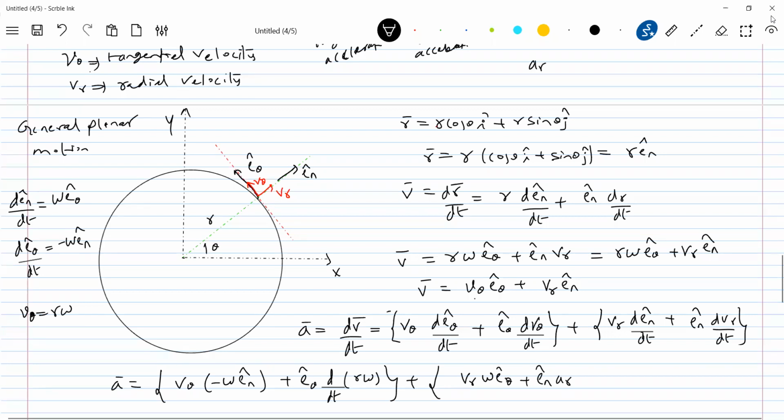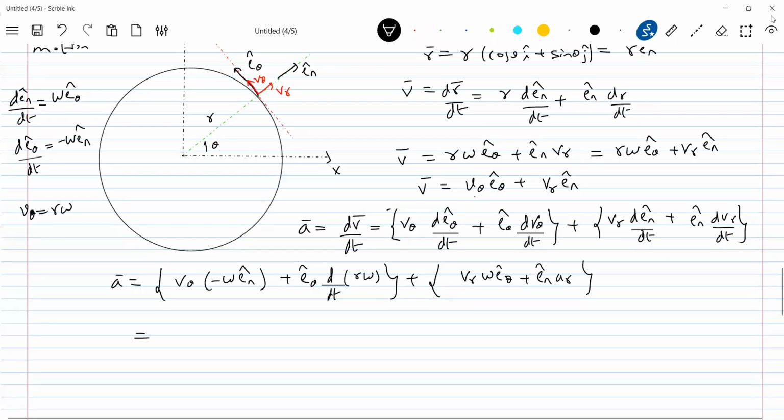Let me introduce here. AR equal to, let me expand further. So this will be minus v theta omega en cap, plus e theta.